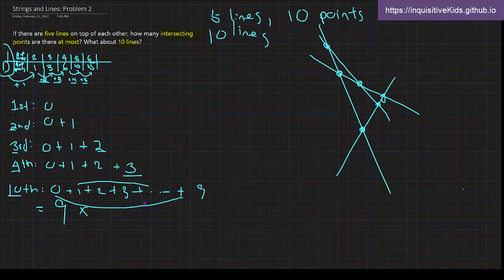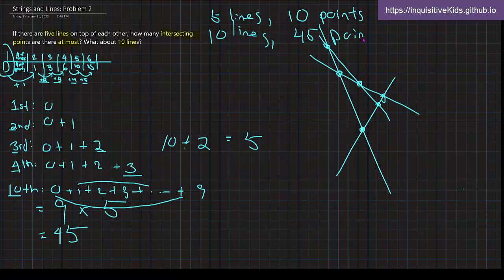Well, in total, there's 10 numbers, right, including 0. So 10 divided by 2, since there are 2 numbers in each pair, equals 5. So that would be 9 times 5 pairs of 9. So 5 pairs of 9 would equal 45. So with 10 lines, there would be at most 45 points.